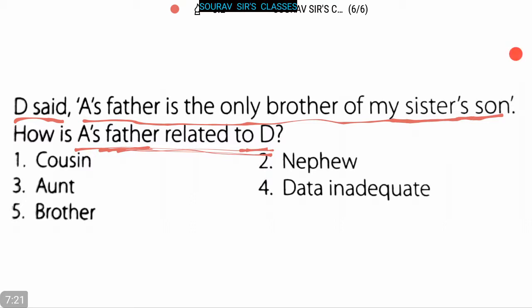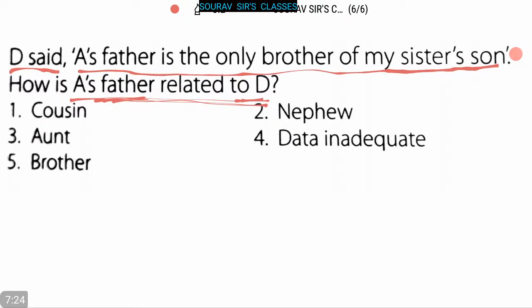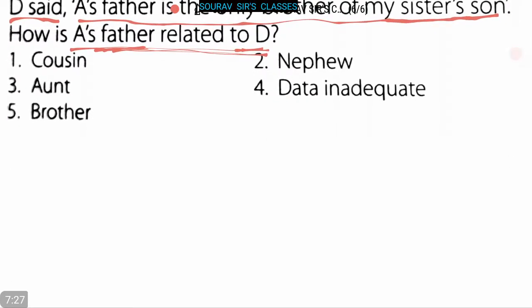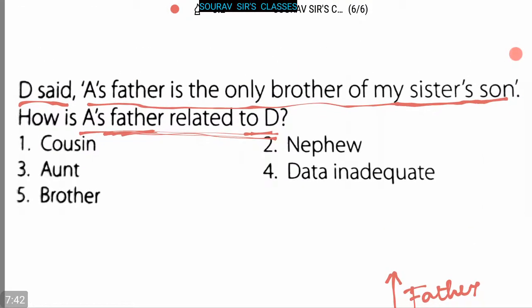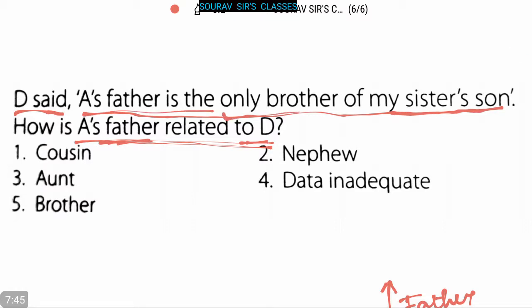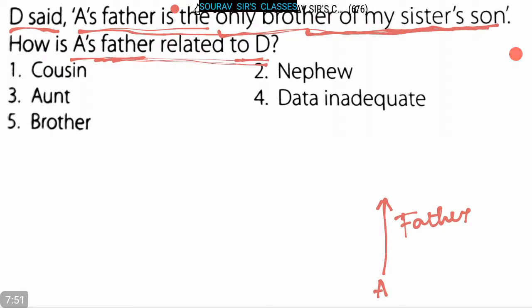So let's think that here is A. Now this is his father. A's father is the only brother of my sister's son. That means here is the sister, now their relation is brother.